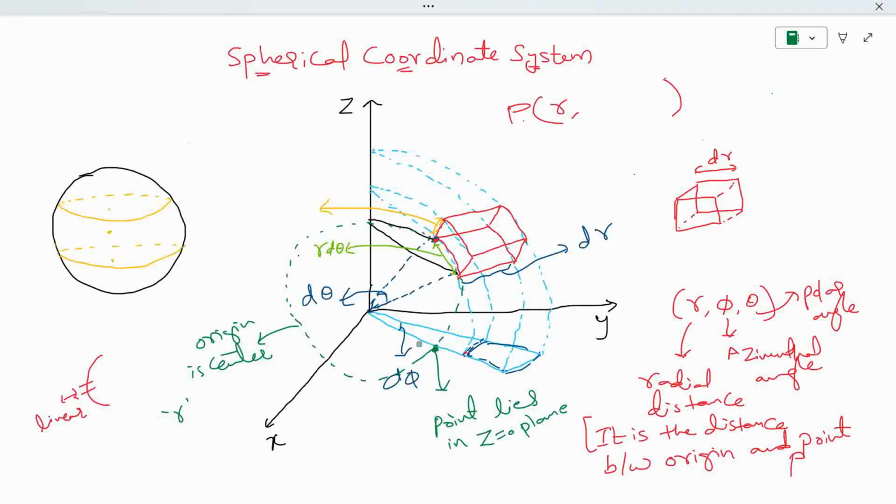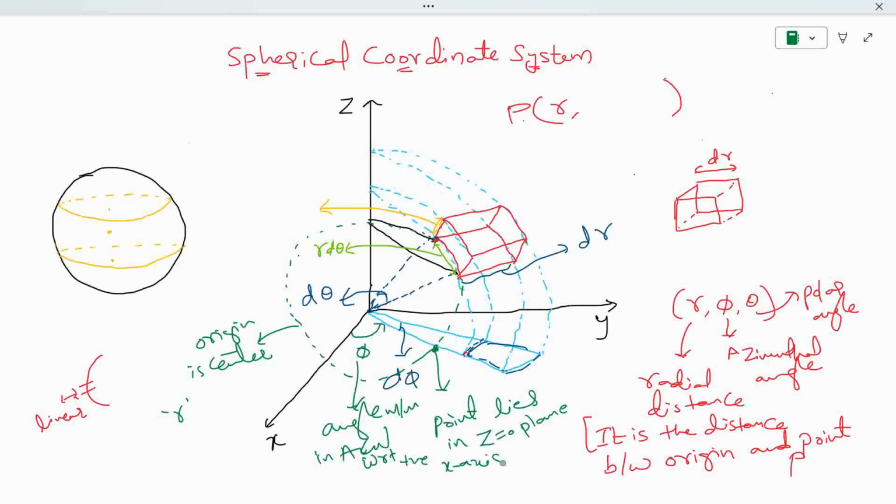Now at that instant, for this line, we measure from the x-axis in the anti-clockwise direction. So it is the angle measured in the anti-clockwise direction with respect to the positive x-axis.